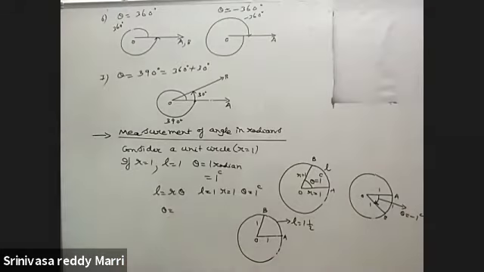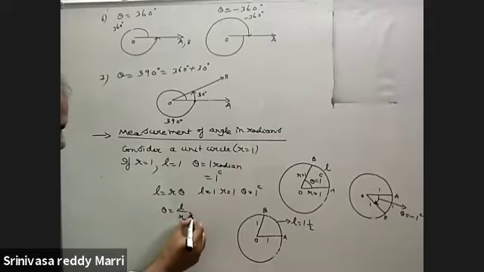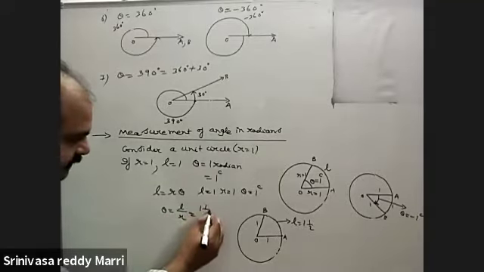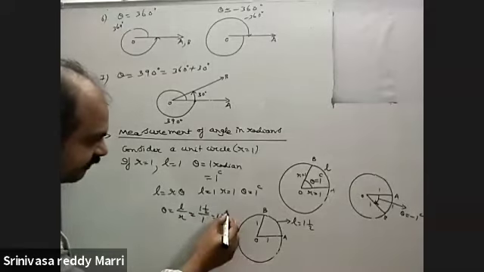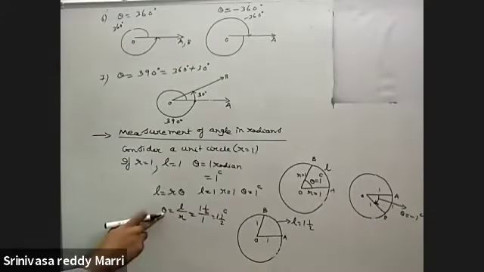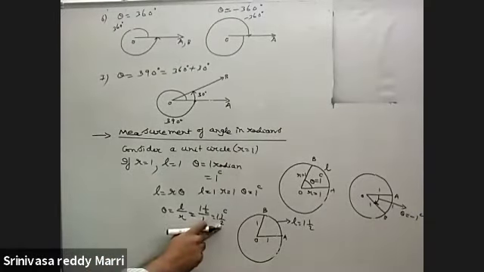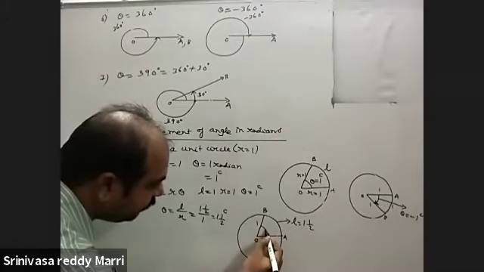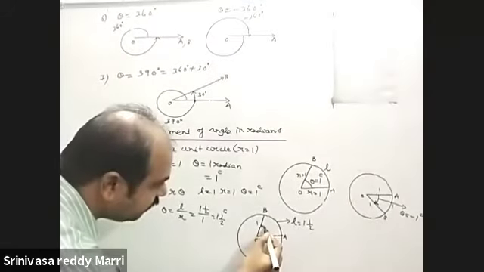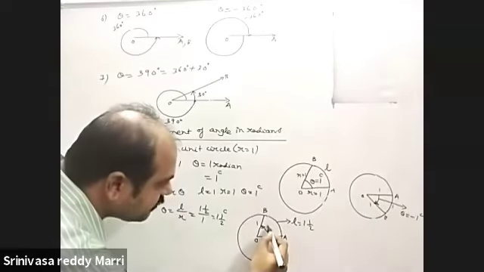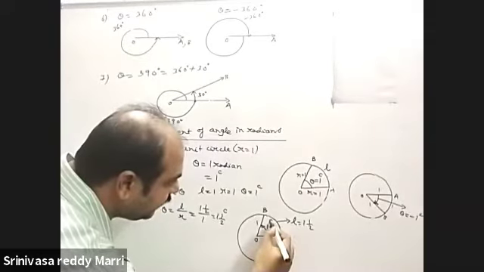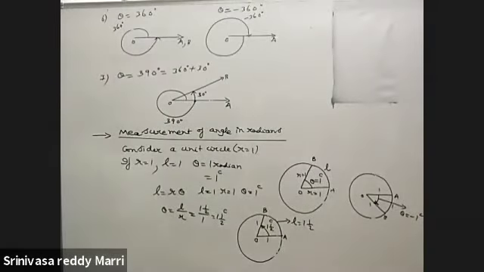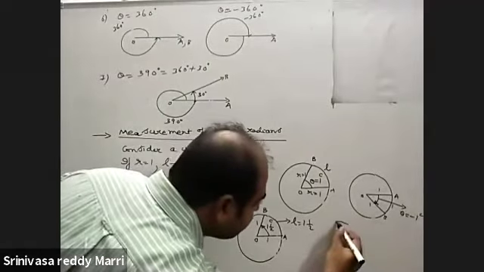Theta will be L divided by R, that means 1.5 divided by 1. You will get 1.5 radians here. Whatever theta we calculate here, it will be in radians. As you are measuring in the anti-clockwise direction, this angle will be 1.5 radian, a positive one.